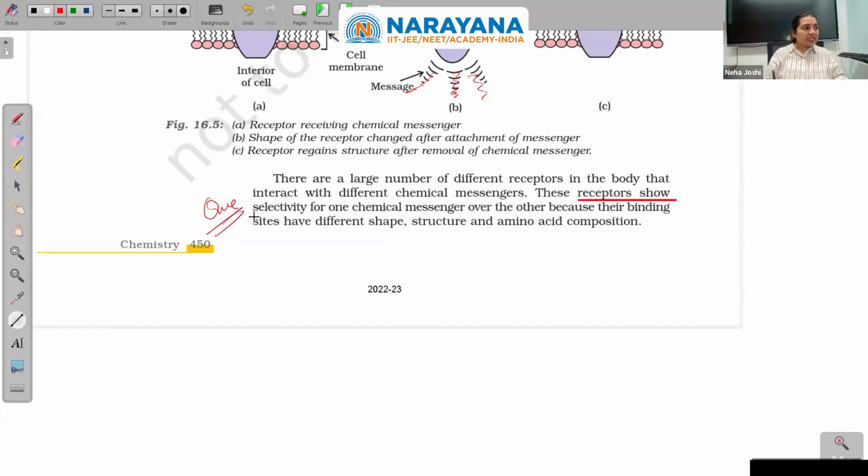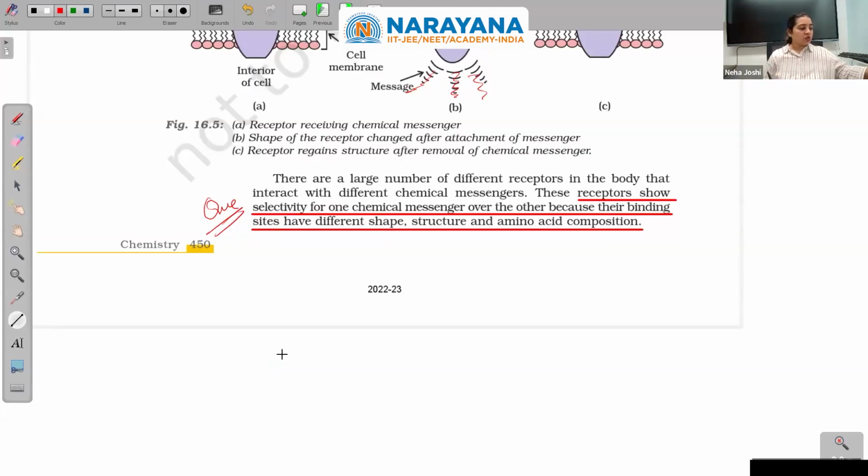If more than one message is coming, they might not all interact. There will be different receptors for different chemicals. That is what will be there, because their binding sites have different shapes, structures, and amino acid compositions.